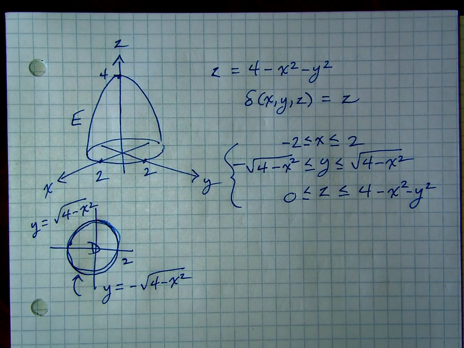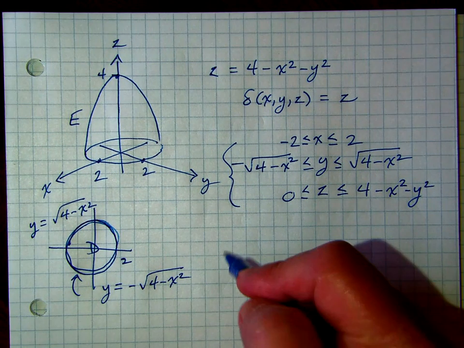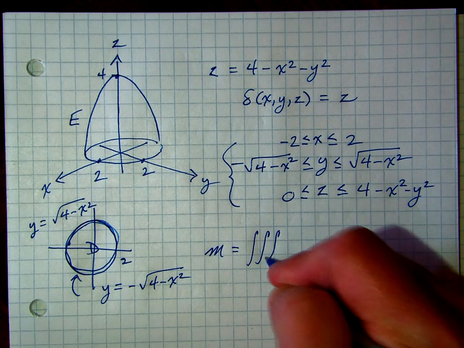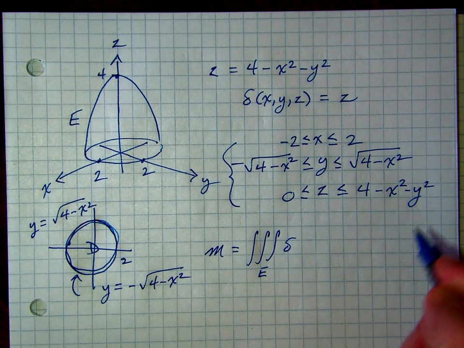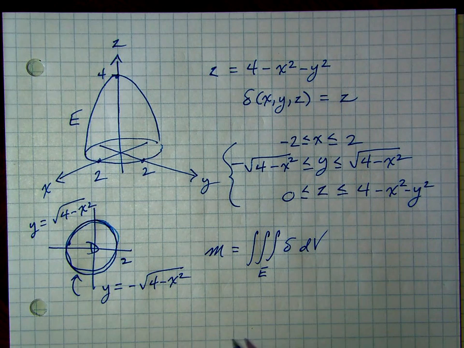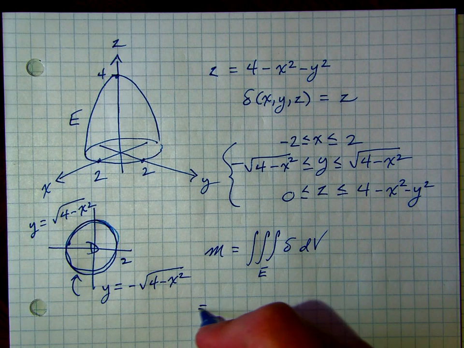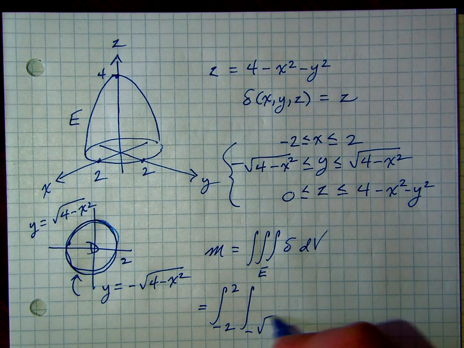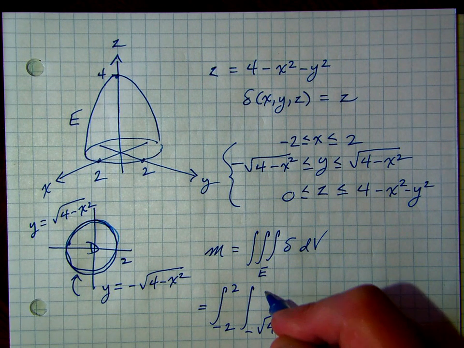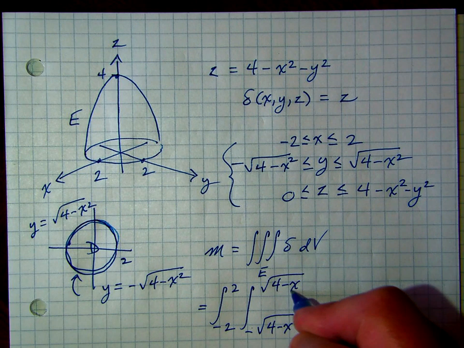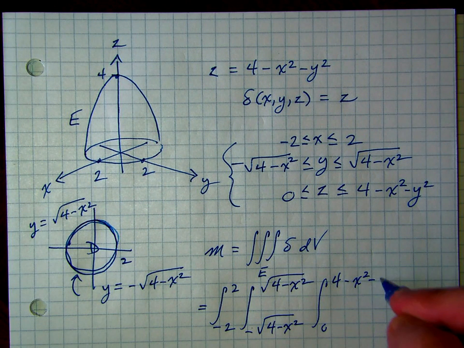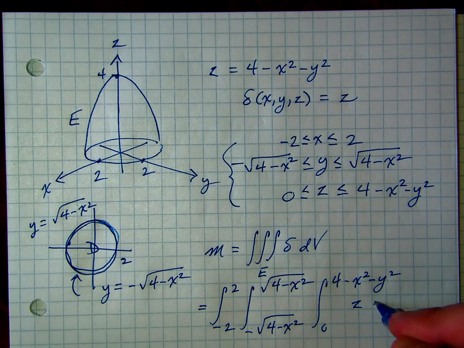So what would my mass be? Well, my mass would be the triple integral over E of my density function with respect to volume. So in this case, minus 2 to 2, minus square root 4 minus x squared up to square root 4 minus x squared, 0 to 4 minus x squared minus y squared, z dz dy dx.